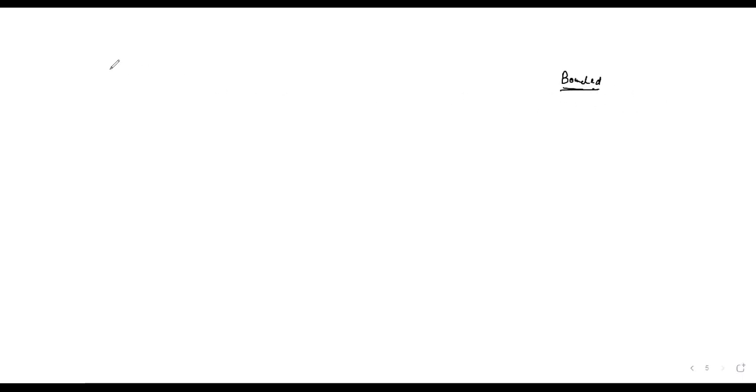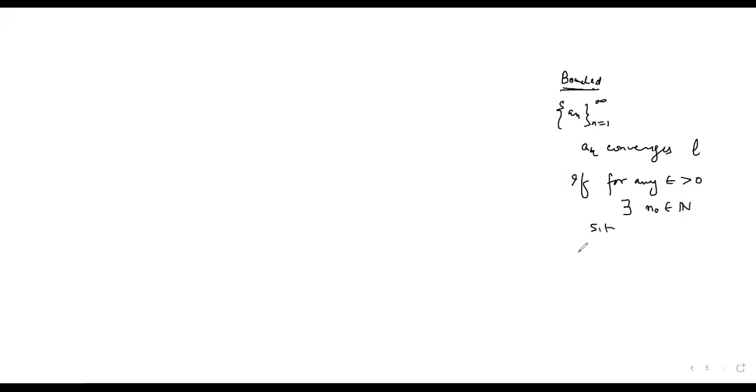Now we come to some general ideas about sequences. We also know what we mean by the convergence of a sequence. So if you have a sequence a n, n running from 1 to infinity, then we say a n converges to some number L if, I will repeat this, for any epsilon positive there exists a positive integer n naught, or a natural number n naught, such that a n minus L in mod, this distance, is less than epsilon for all n bigger than or equal to n naught.